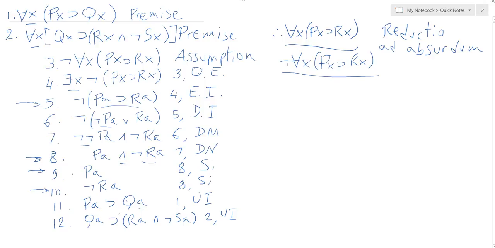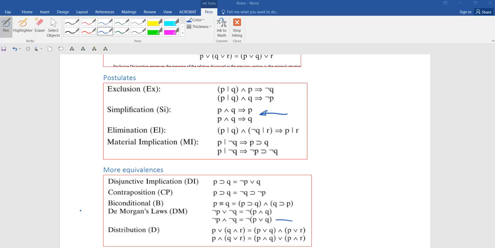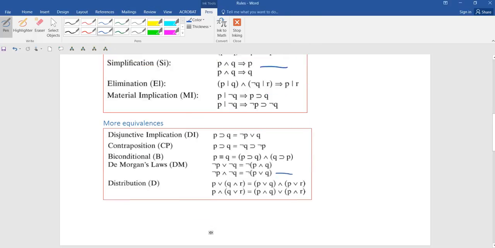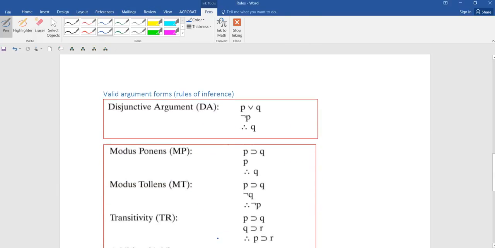Look at lines 9 and 11. Isn't that an easy modus ponens that we can do? Remember modus ponens? It's the rule that when you have a conditional, if P then Q, and then you have a formula that is just the same as the antecedent of the conditional, you can infer the consequent of that conditional.